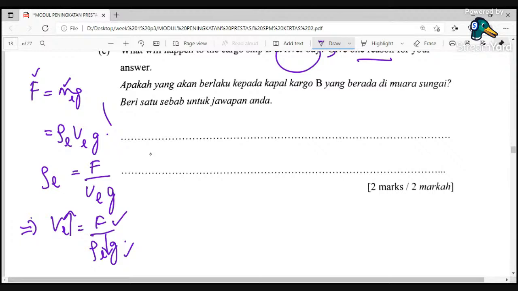If the volume of liquid displaced increase, means the ship will sink more. If the ship sink more and the volume of liquid displaced causes it to pass through the safety level by Plimsoll line, so it will sink. Okay, this one will cause the ship to sink.